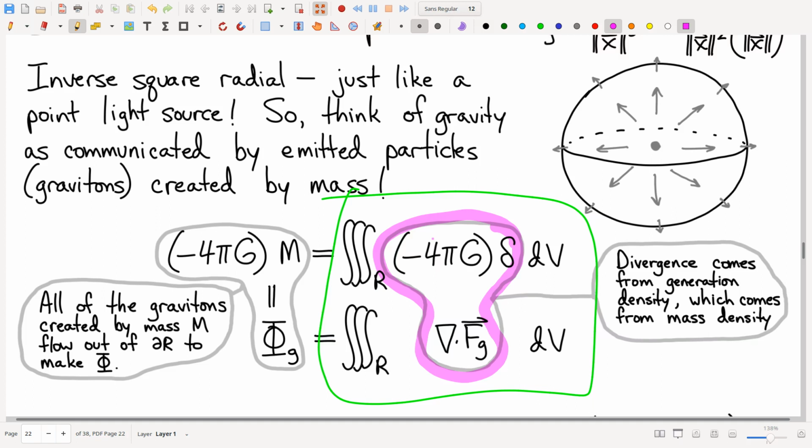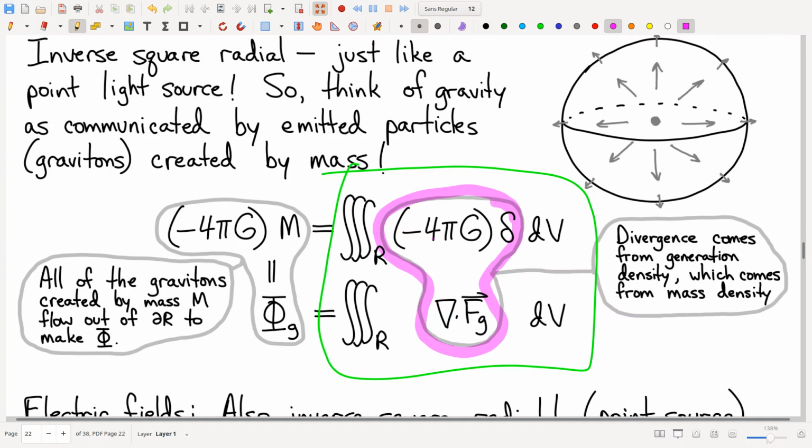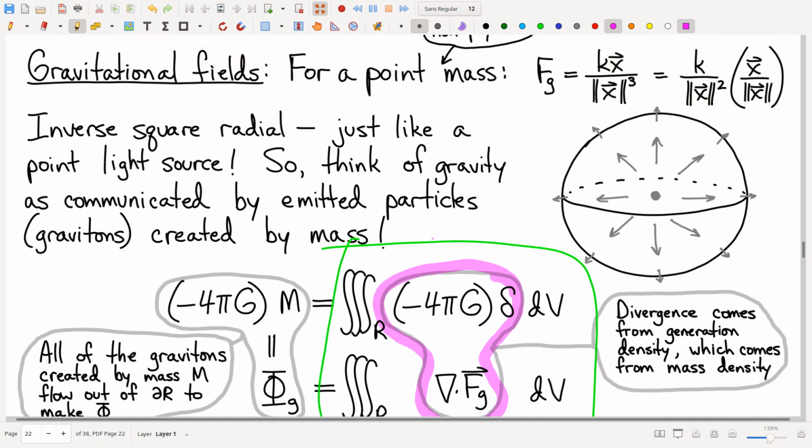So really powerful conclusion and computationally insane if you don't use the graviton metaphor. The divergence of this gravitational field is proportional to mass density. And it is a bonkers difficult calculation if you just brute force it.